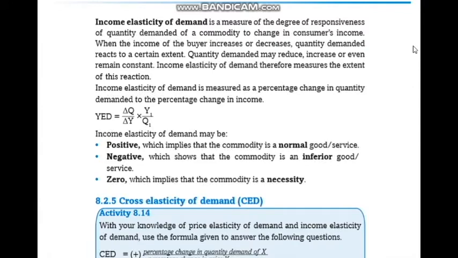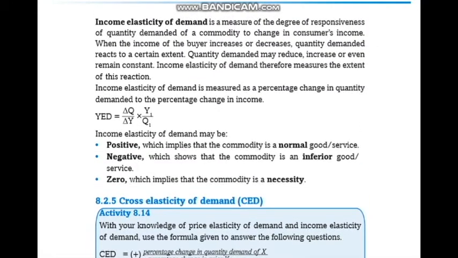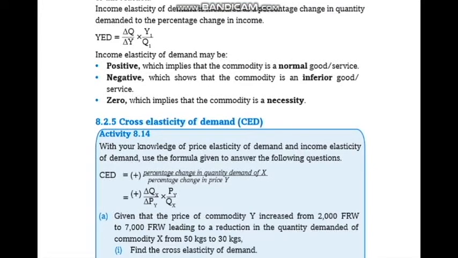So quantity demanded may reduce, increase, or even remain constant. Income elasticity of demand therefore measures the extent of this reaction. Income elasticity of demand is measured as a percentage change in quantity demanded to the percentage change in income. This is the formula that indicates the income elasticity of demand.